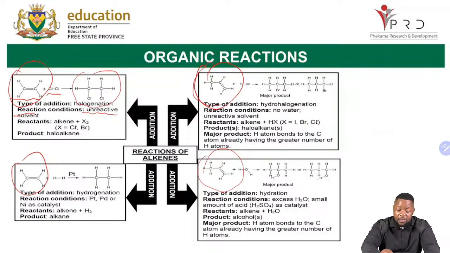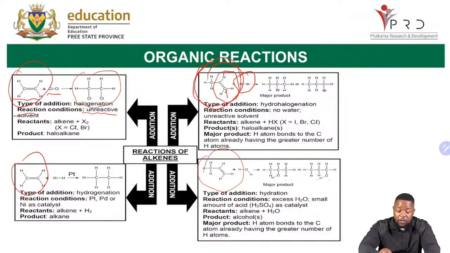When the unsaturated organic compound now reacts with the hydrogen halide, then we are going to get the major product where the hydrogen bonds to the carbon that already has most hydrogens. So if we look at the two carbons that are occupying the double bond, the first carbon here has two hydrogens and the carbon in the middle has only one.